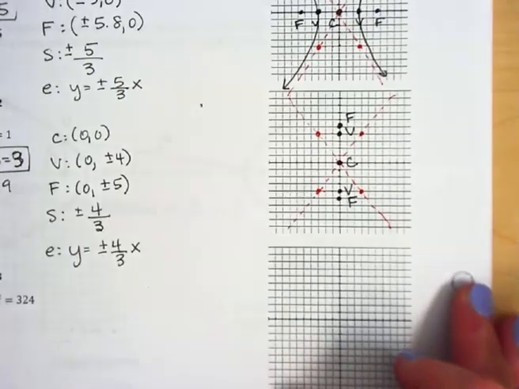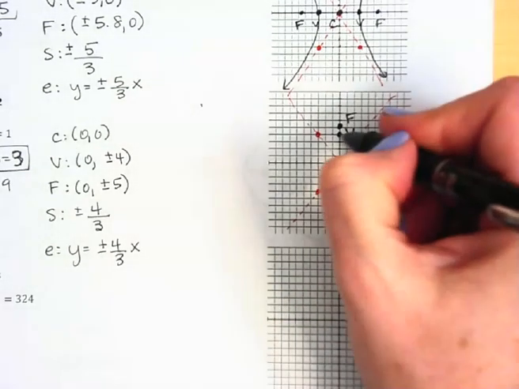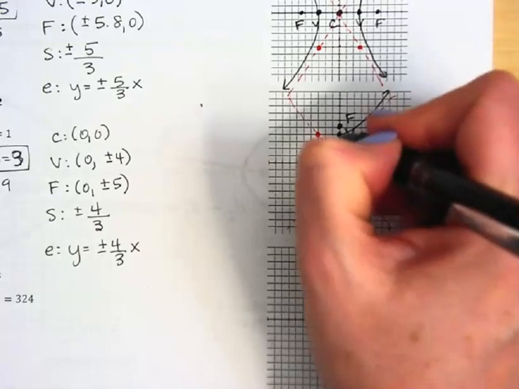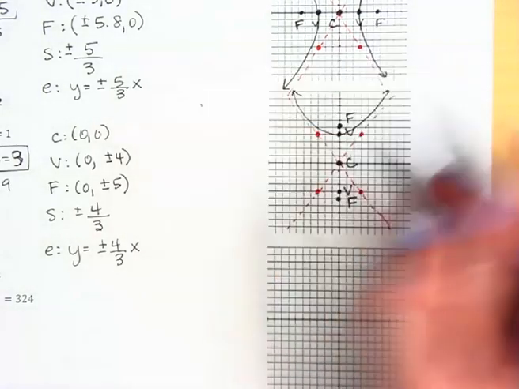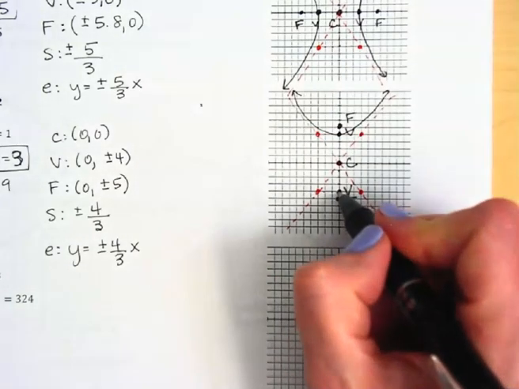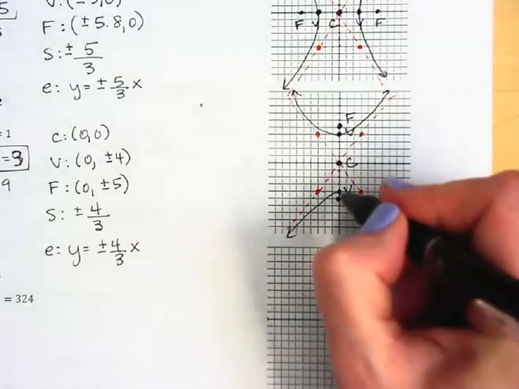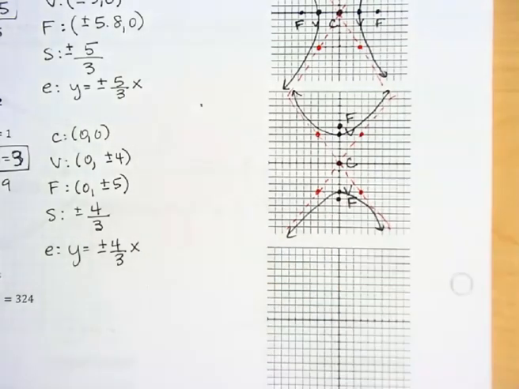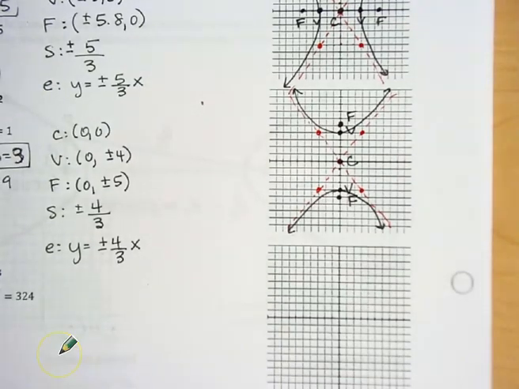So I go to my vertex and approach the asymptotes, but don't cross them. All right, and then I'm going to make another video to finish out the remaining 2 problems.